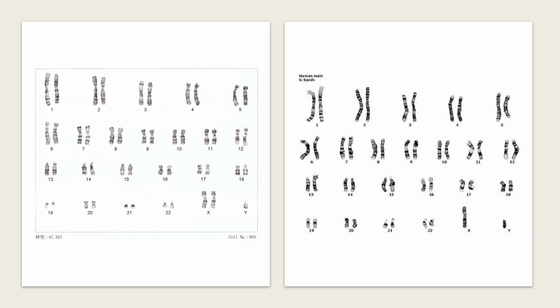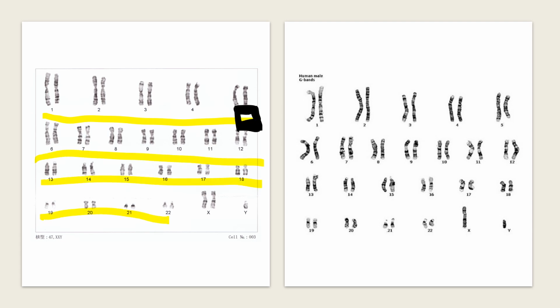The first thing that you should do anytime that you look at a karyotype is count the number of autosomes, or normal chromosomes, nothing special or fancy, and see if there are any differences in them. So I have 1 through 22 autosomes.